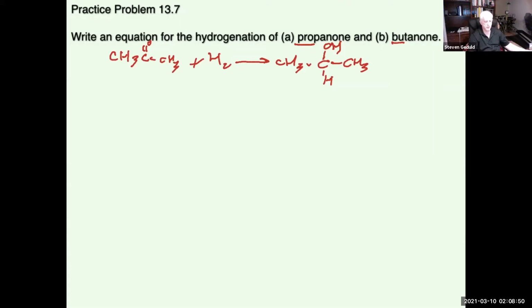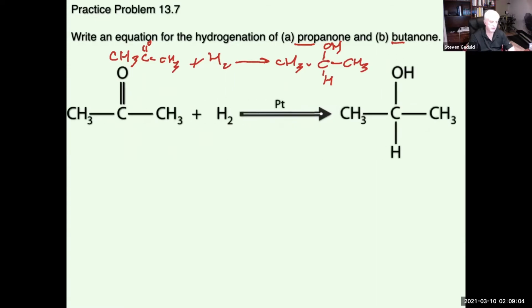So the reduction of propanone produces a secondary alcohol, which is propanol, 2-propanol. Let's write that here. Here's a little more clear picture of it. You can see the hydrogen is going to attack the oxygen and then the carbon of the carbonyl group.